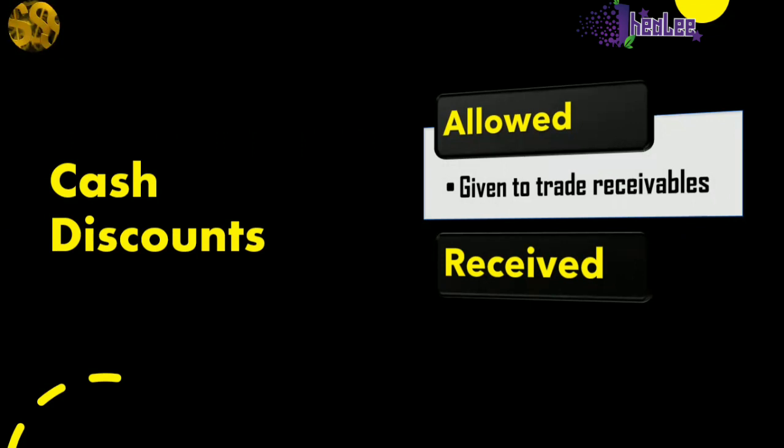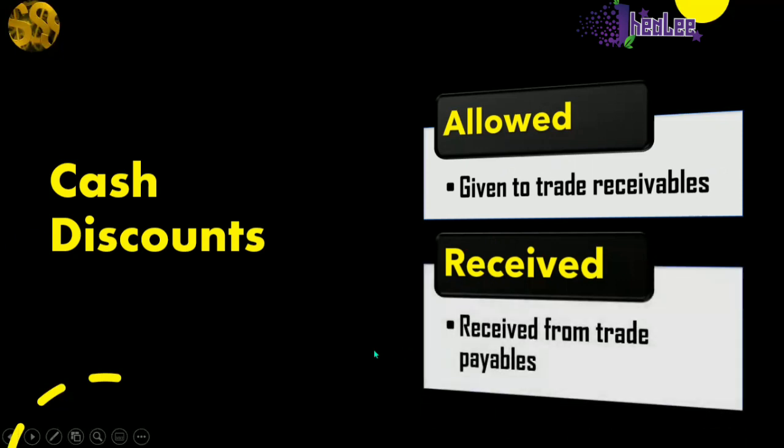Discount received is received by the business from the trade payables, and we're talking about our creditors. So when we pay the amount that is due within that agreed time limit, then the business receives a cash discount from the creditors.